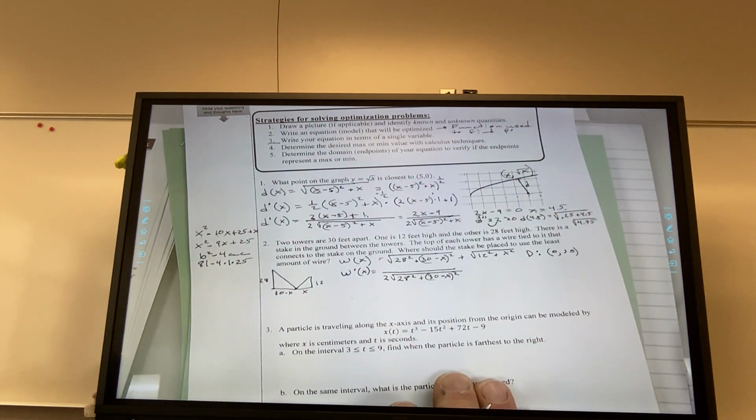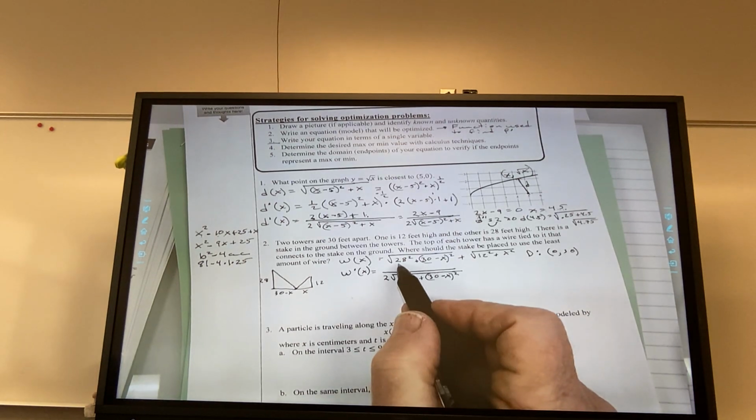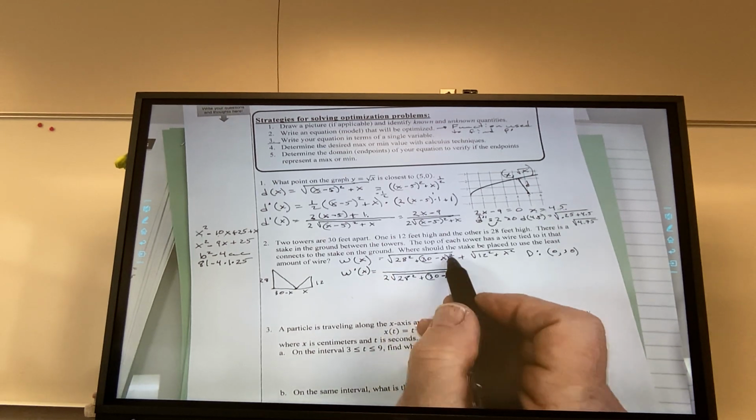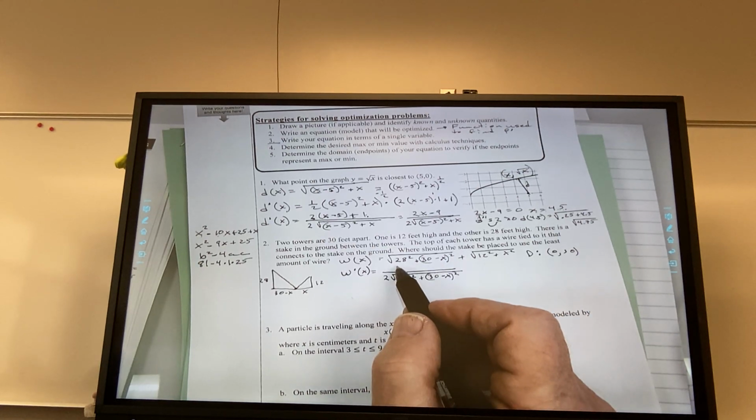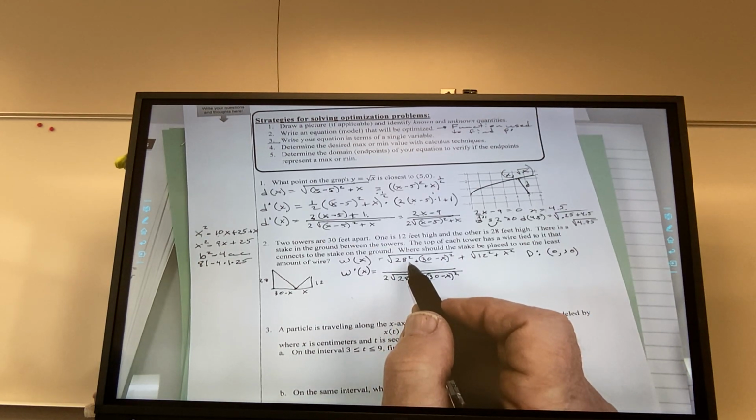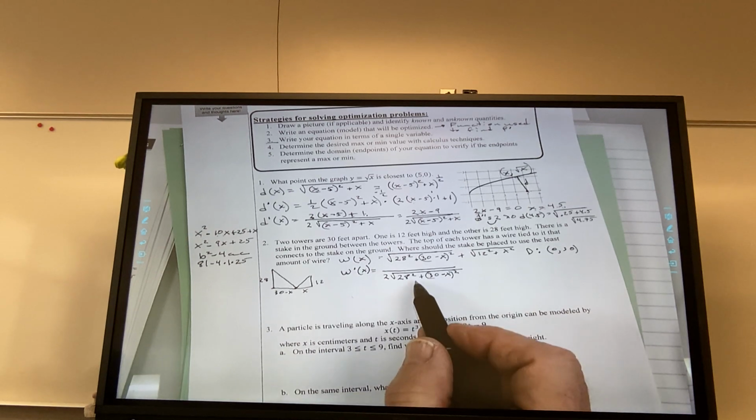Would everybody agree? I have no clue. Well, that's a square root, correct? This thing has a power 1/2. So I'm going to multiply by 1/2, and I'm going to subtract 1. That's going to give me a negative 1/2, which simply puts the square root in the bottom. We've done that several times, correct? Okay, I think I get it now.